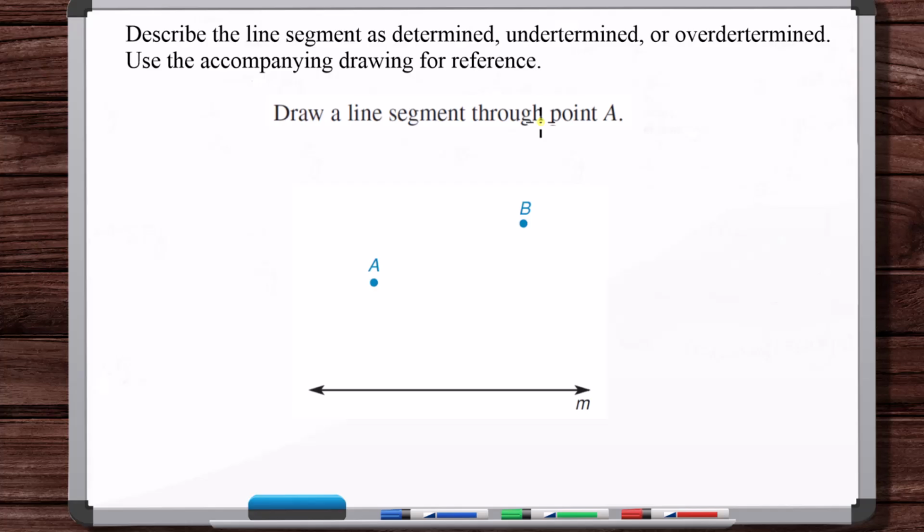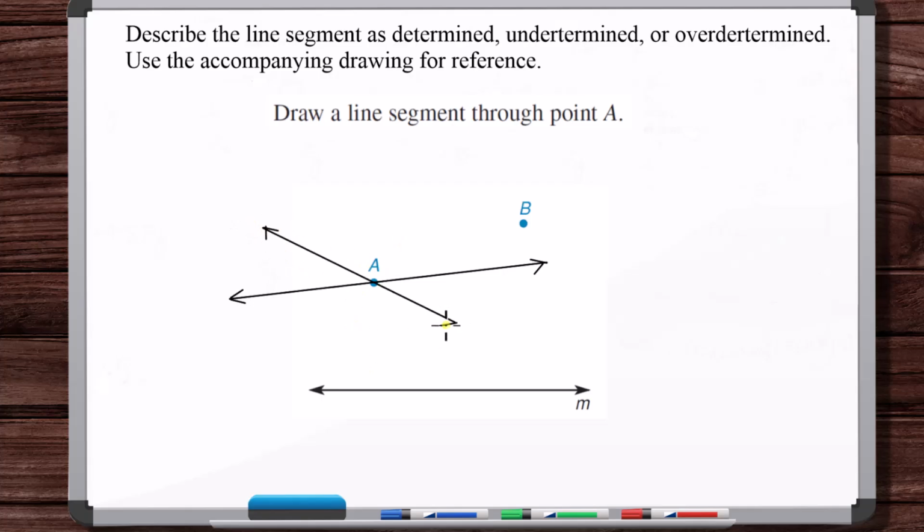Let's say I draw a line through point A, and I do that. Well, if I'm giving a presentation to a group, someone might say, wait a minute, what else is there about that line? Is it parallel to another line? I need more information, because why did you draw this line?